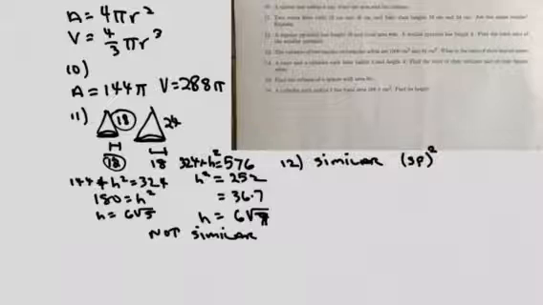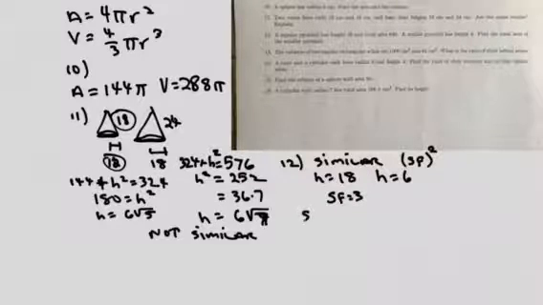If the first one has a height of 18 and the second one has a height of 6, then the scale factor is 3.